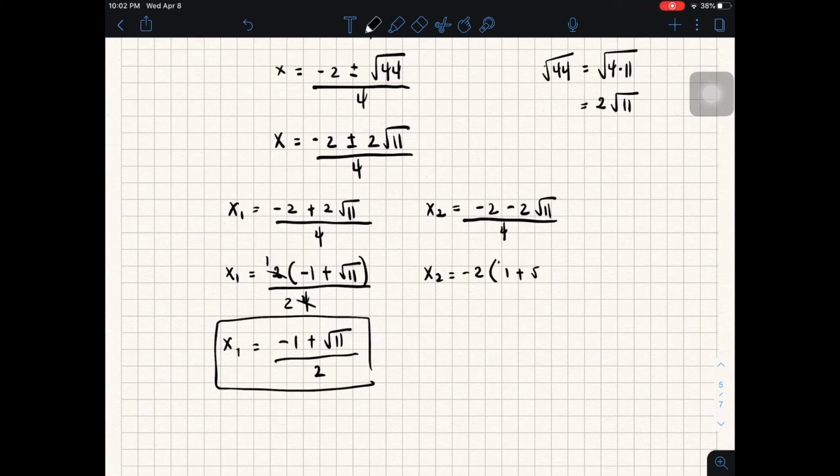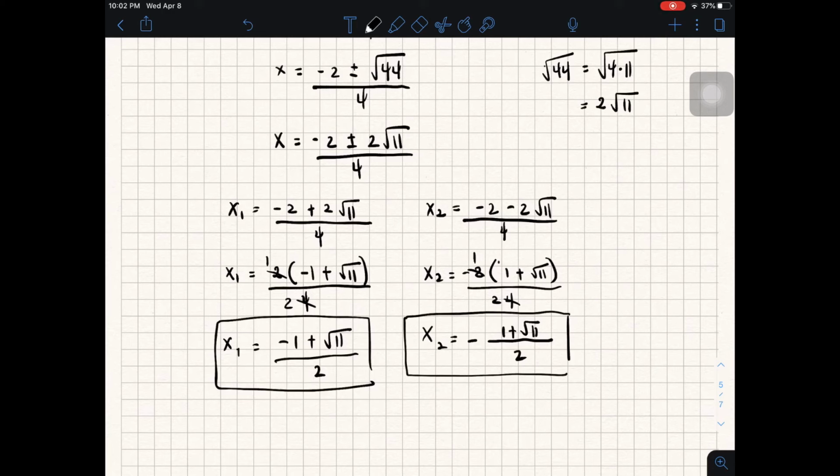Negative 2 times 1 plus square root of 11 over 2 over 4. So, cancel natin ito magiging 1. Ito magiging 2. So may negative tayo, we still have negative. So x sub 2 is equal to negative, sa gitna natin lagay, para simplified, 1 plus the square root of 11 over 2. So this is the value of the x sub 2.